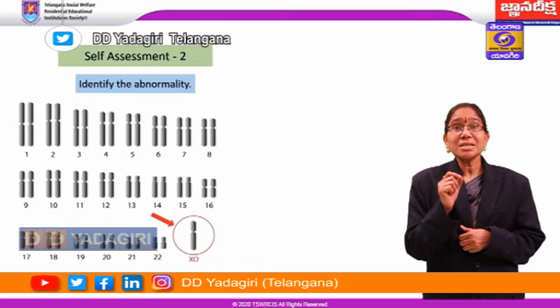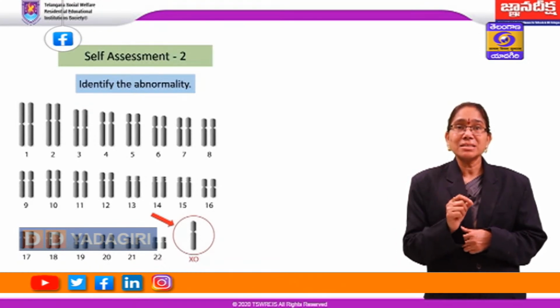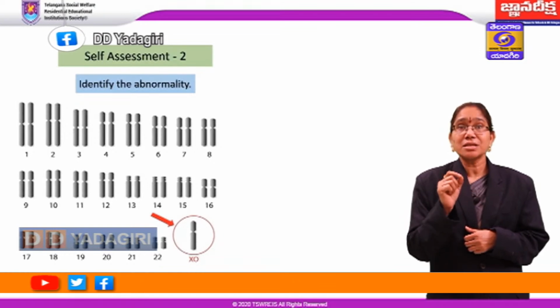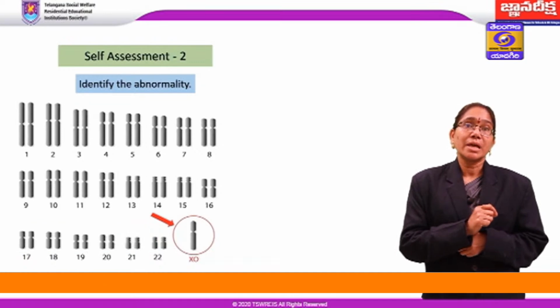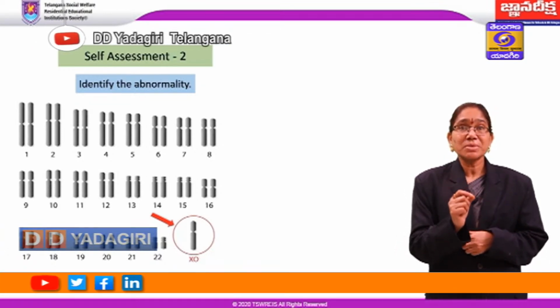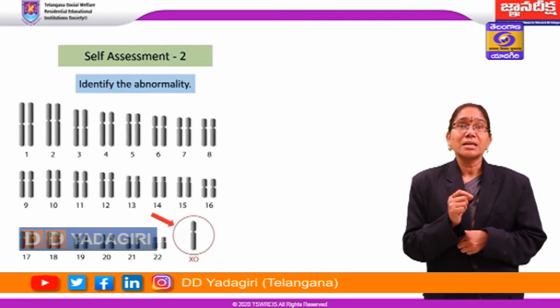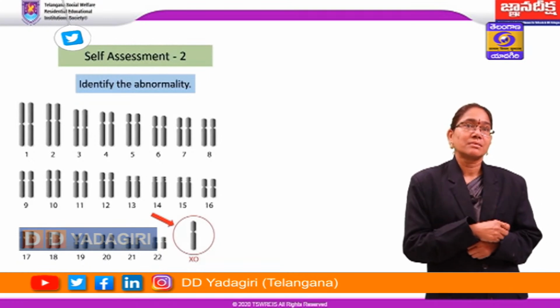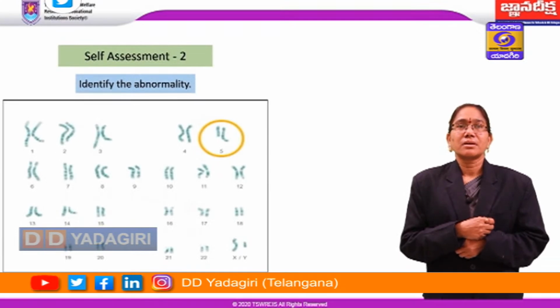Usually, individuals have 46 chromosomes, but individuals with Turner syndrome have only 45 chromosomes instead of 46. Usual symptoms are delayed puberty, infertility, and heart defects. Let us go to the next assessment.